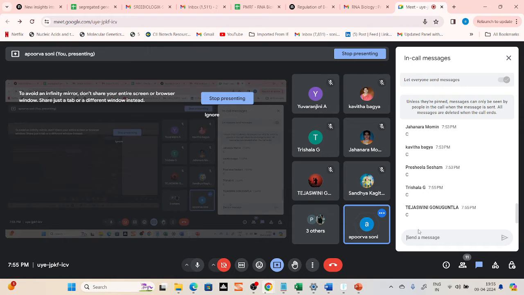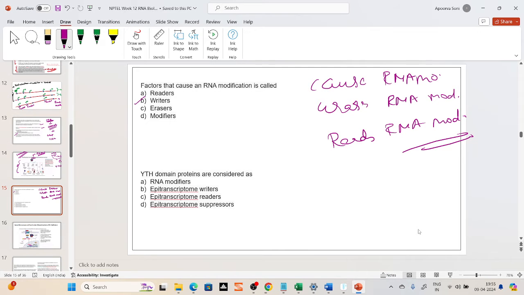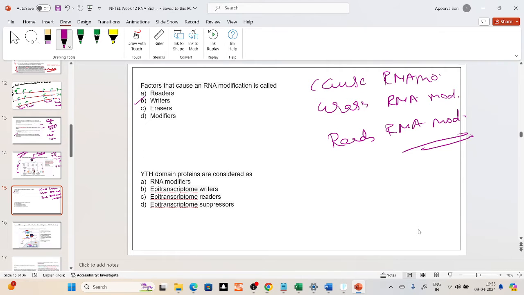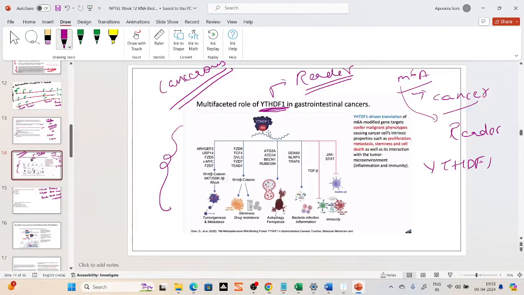Okay, fine. So now I think everybody has understood it. The correct answer is reader. We have discussed it also here: this YTH domain is a reader. Fine, good.